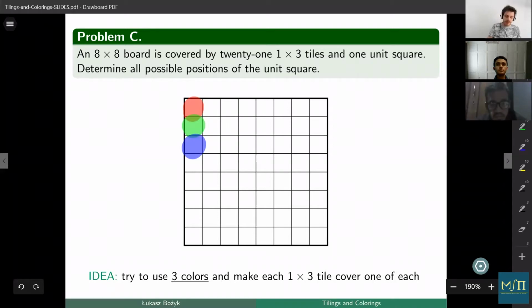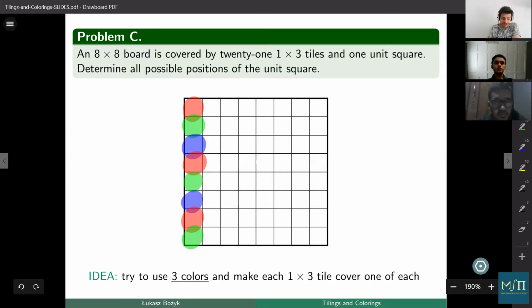And now we can see that if we want this property, that each 1 by 3 tile covers 1 of each color, then for the case of this tile, we need this cell to be red. And proceeding, we will need this cell to be green, blue, red, etc. So we've completed 1 column.